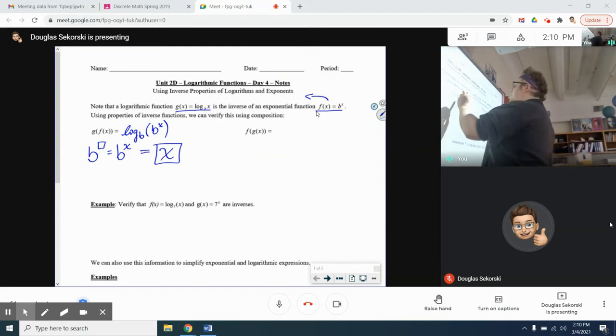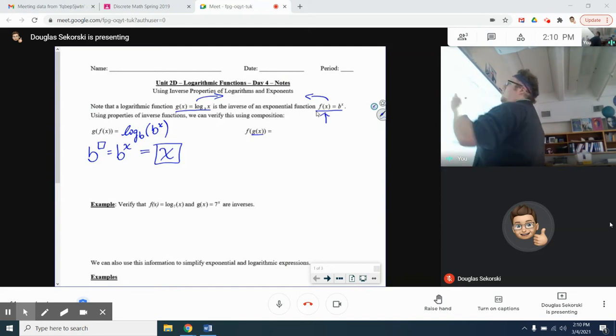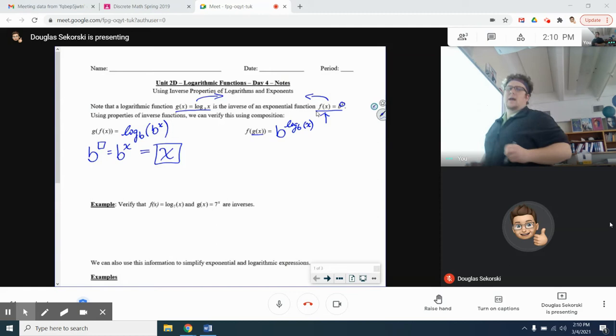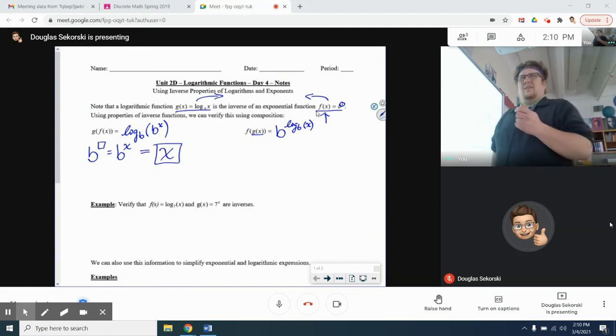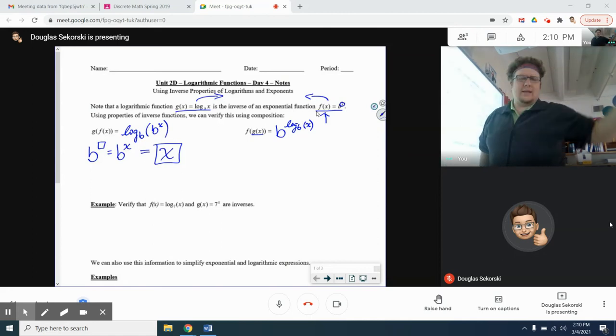Now we've got to take g of x, the logarithm, and substitute it into the inverse f of x. I'm going to write down b, and instead of this little x, I have to write g of x, which is log base b of x. Now, this looks very strange. We have a base raised up to an exponent that is a logarithm.